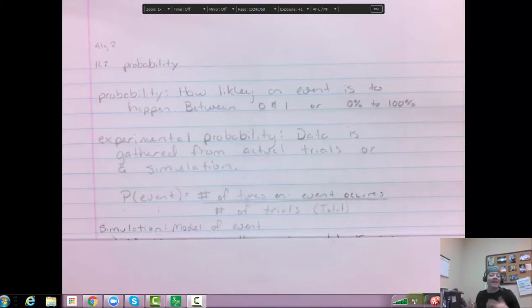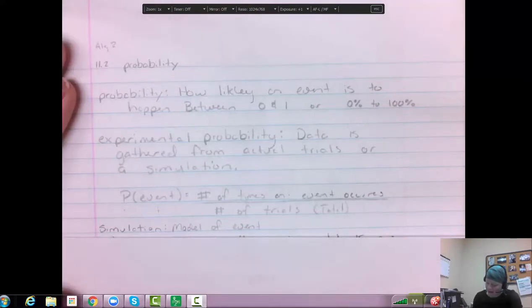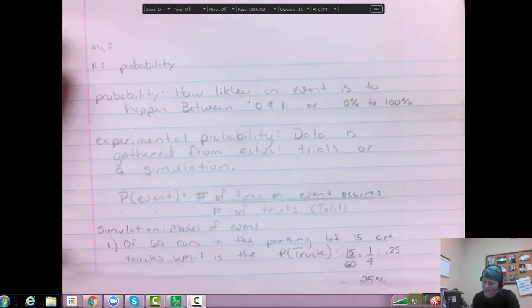And I just roll the dice, and that's how I give you your grade. That's a simulation of the event that gives you your probability of getting that grade. That wouldn't be very nice of me.